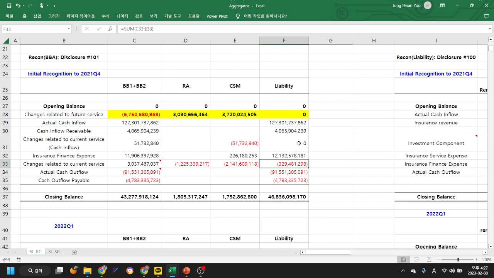But right now, for convenience, this estimate adjustment is coming from the experience adjustment only. But for the period after 2021, the difference between the estimate of two different points in time, on initial recognition and 2022 January 1st, if they show a difference, that's going to be called estimate adjustment, and that amount probably should be reflected on this one.